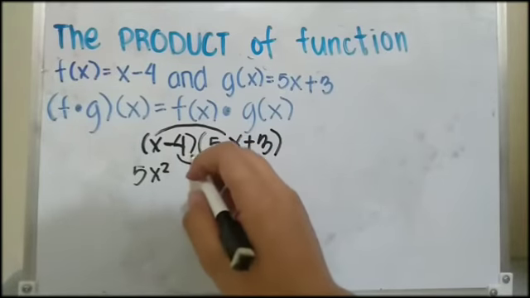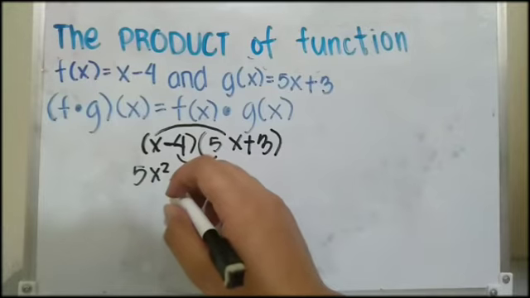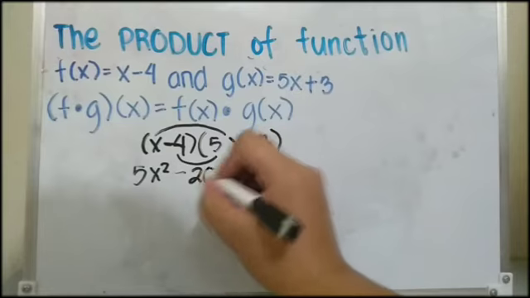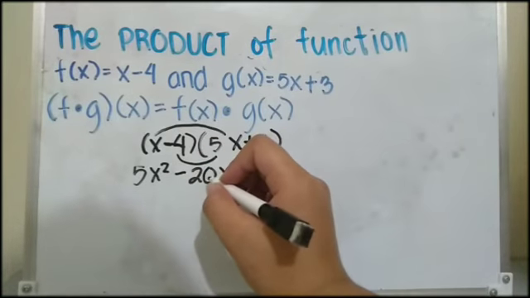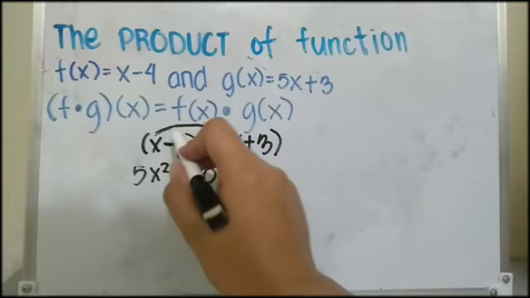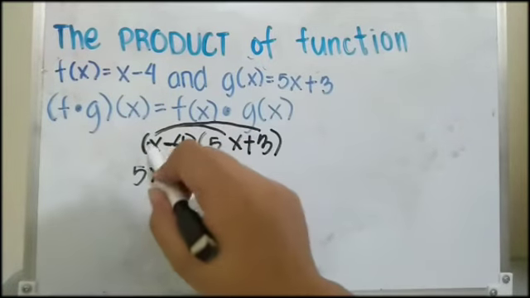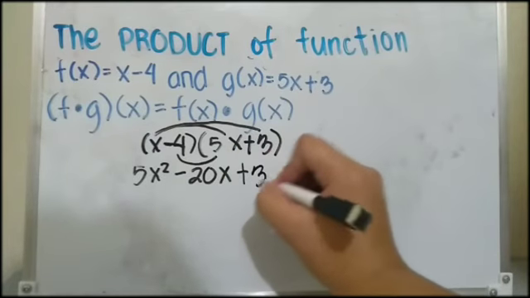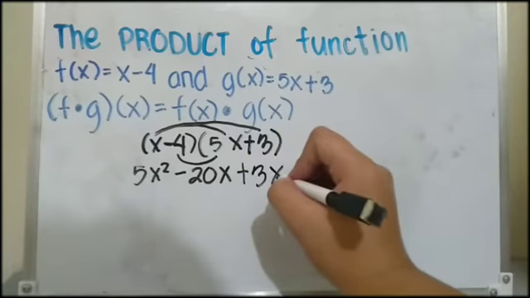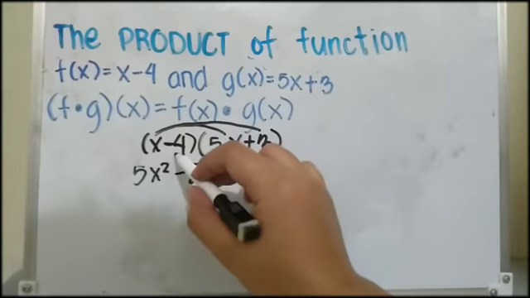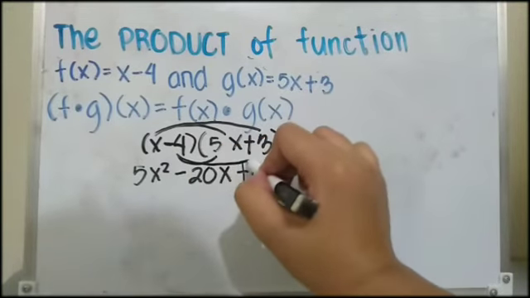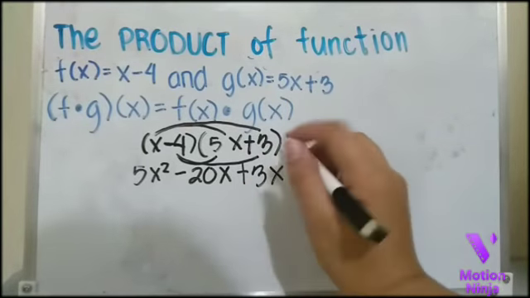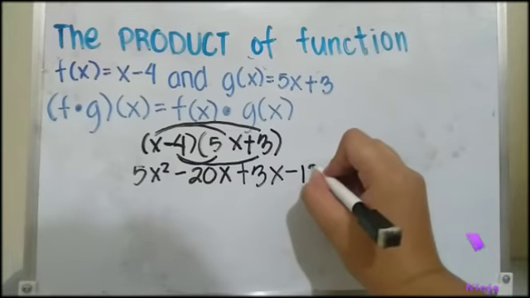So negative 4 multiplied by 5x equals negative 20x. And then next is x multiplied by positive 3, that would be positive 3x. And then the last thing that you will do is to multiply the last numbers, which is negative 4 multiplied by positive 3, equals negative 12.